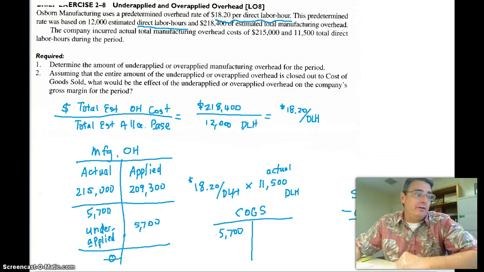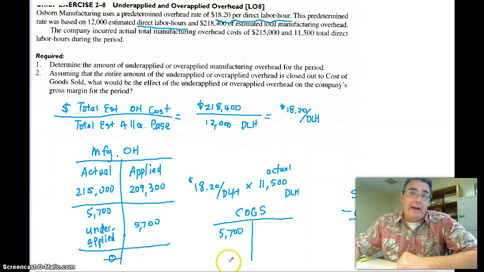First thing you have to figure out is, did this debit to cost of goods sold increase or decrease cost of goods sold? Do you know how to determine that? What's the normal balance of the cost of goods sold account? It's a debit balance. That's what we expect cost of goods sold to normally have. It's an expense account. Expense accounts have debit balances.